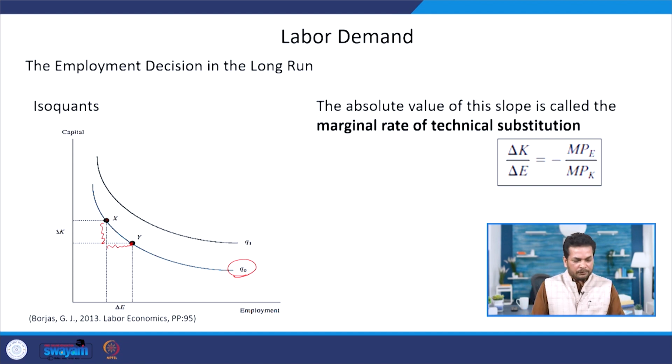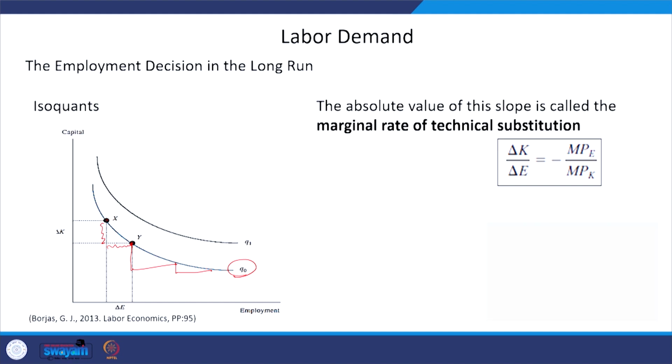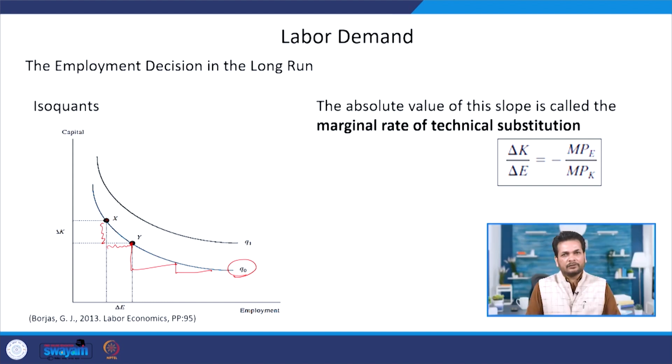So, the slope of this isoquant at each point is the change in capital over the change in employment. The technical term is the marginal rate of technical substitution. The absolute value of the slope of the isoquant is called the marginal rate of technical substitution. And this delta K by delta E is the ratio of the marginal product of labor to the marginal product of capital.